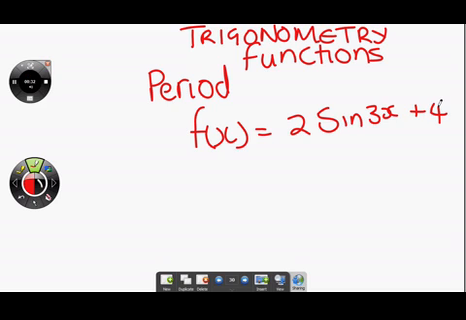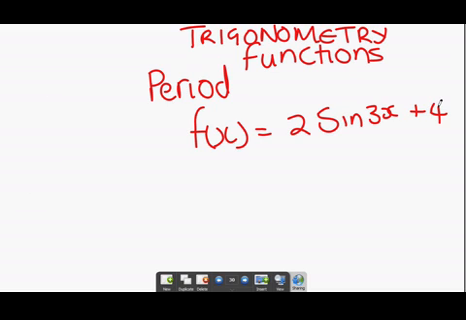Now this is a trigonometrical function, and it has certain properties that will allow you to find certain things. For you to be able to identify the period from the function, you need to just look at the function in its totality.